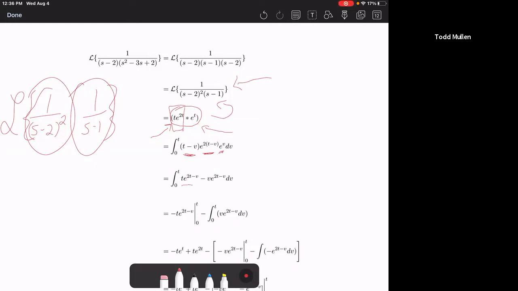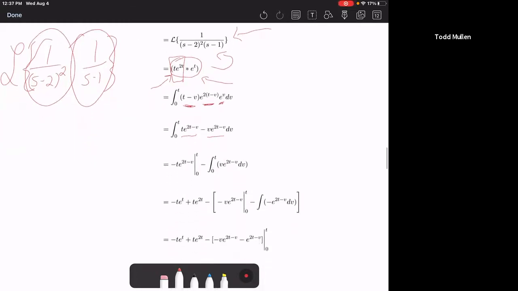Now expanding that out, we get t e to the 2t minus v minus v e to the 2t minus v. And now this looks rather complicated, like there's a lot of variables here, but remember, we're only integrating with respect to v. So if we're looking at the integral of t e to the 2t minus v with respect to v, note that this is the same as the integral of t e to the 2t times e to the negative v with respect to v.